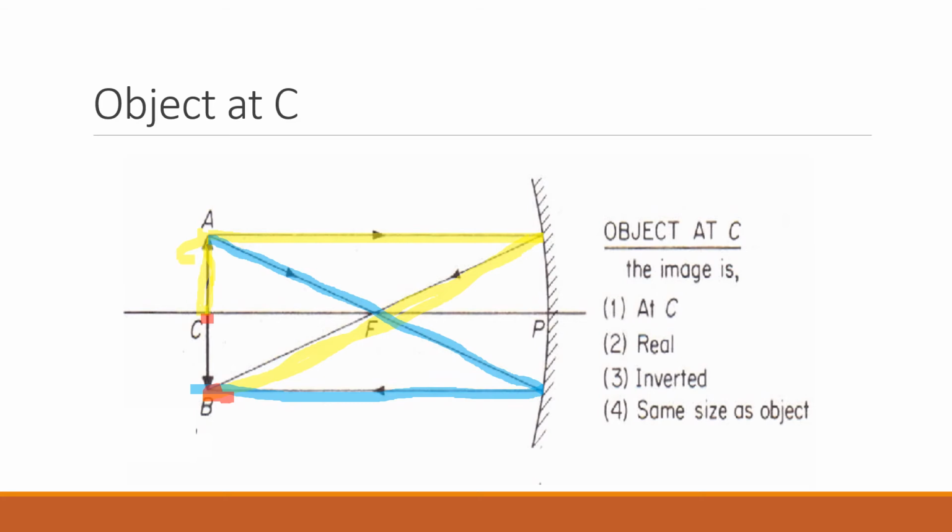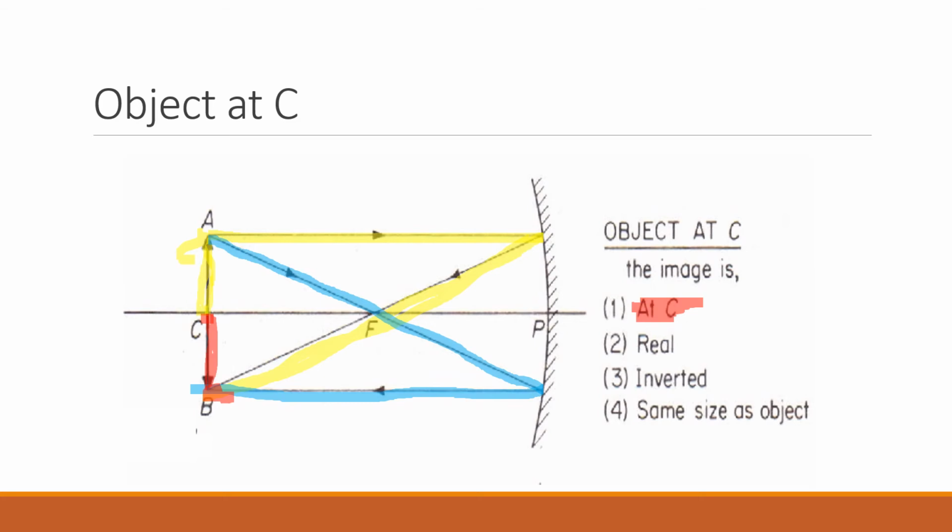Fine. If the two rays intersect at this point, what happens? An image is formed. I'm representing the image by this red line. Fine. So this is your image. An image is formed at the point C. So the first point is that the image will be formed at C. And what is C? C is your center of curvature.